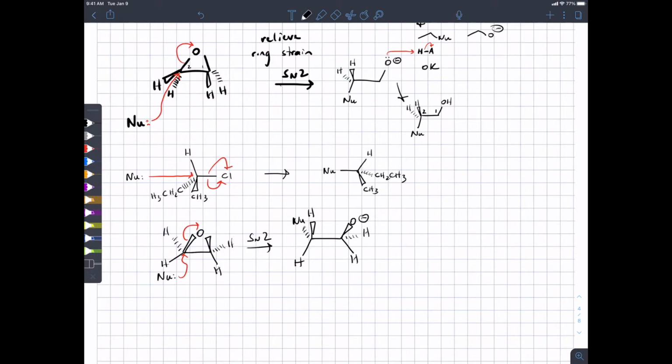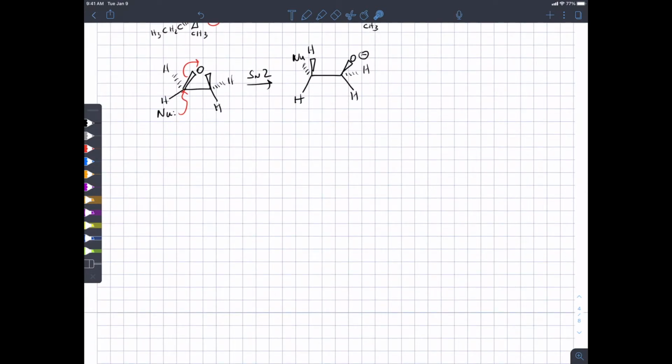Yeah? So would there be no inversion of configuration? There is inversion of configuration, you just can't tell here because it's not a stereo center. Yeah, so if we can make a chiral epoxide, sure. I'm going to draw an epoxide that is chiral.